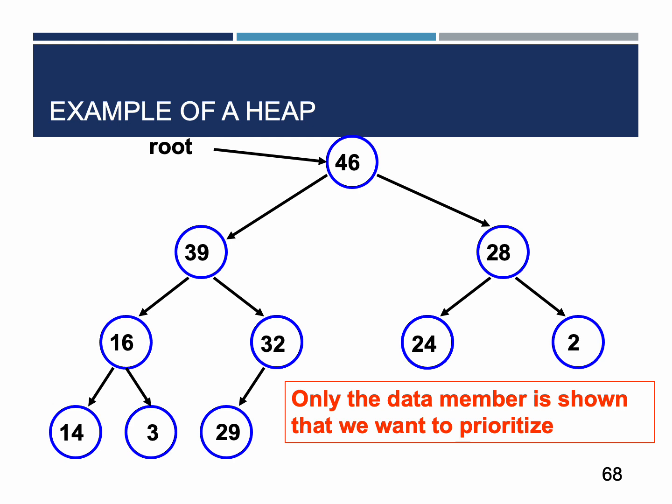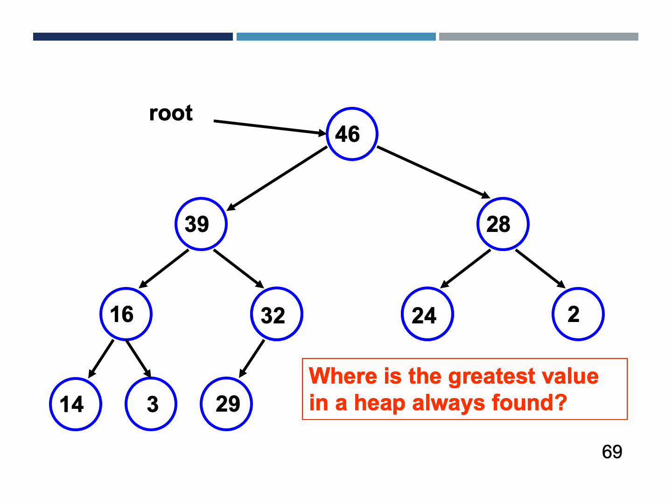So the left side is filled, and then the rest. So here, where is the greatest value in a heap always found? This one, the root.